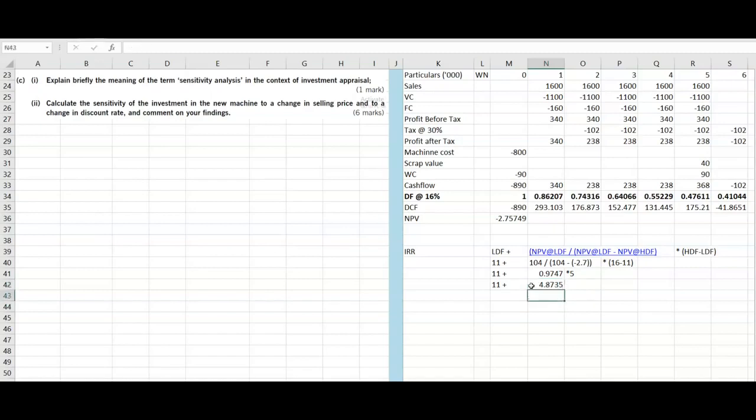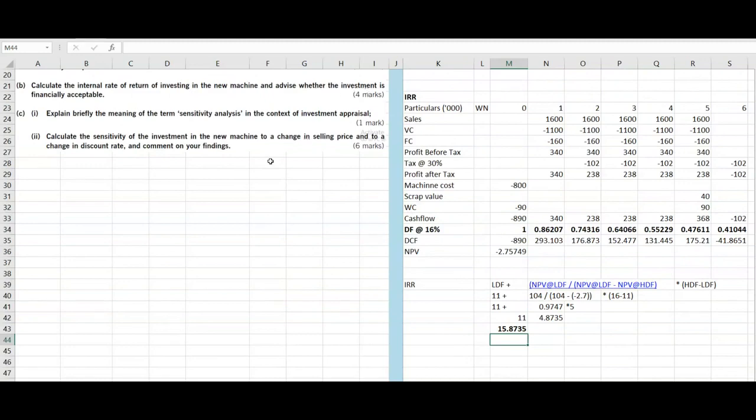We got 4.87. So we'll add both. We'll add this and again this number. Hopefully we'll get an answer. The answer comes to 15.87. That is the IRR. So we finished the IRR problem here.